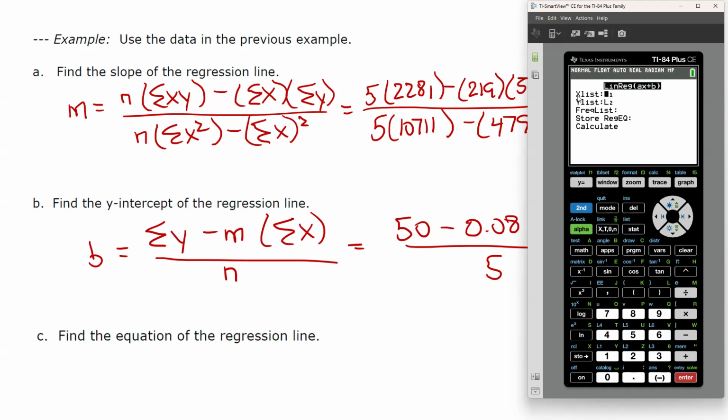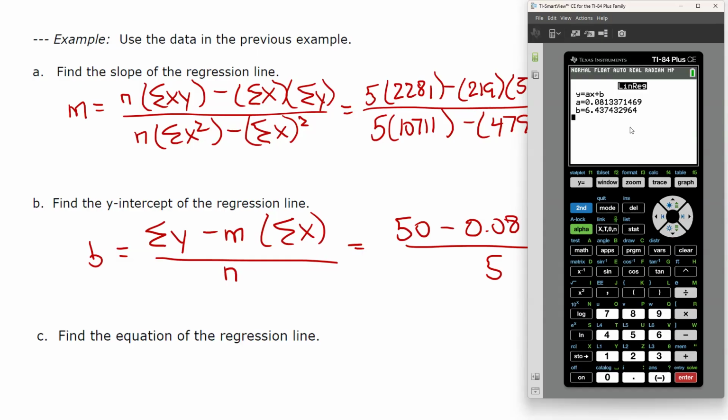In number 4, we are going to put our X list, which is L1, and make sure that's selected. For our Y list, we are going to select L2 because that's where all of our Y data is. We'll keep the next 2 rows empty and go down to Calculate and press Enter.